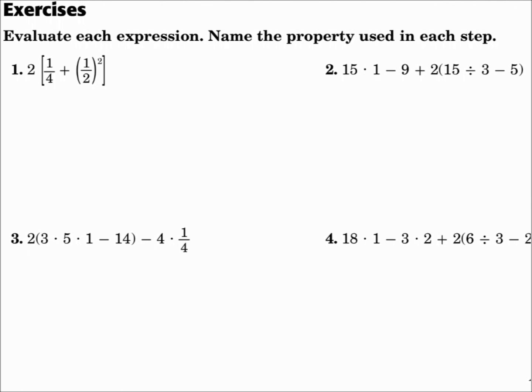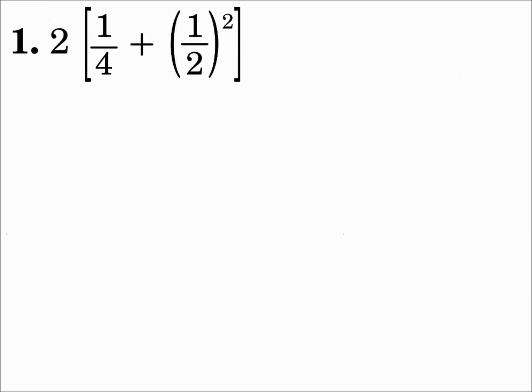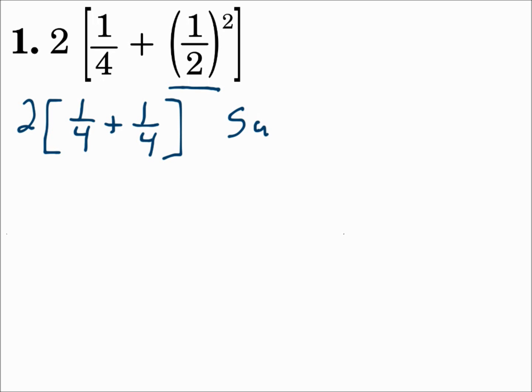Evaluate each expression. Name the property used in each step. For number 1, start with parentheses. Within the parentheses, you have addition and an exponent. Do the exponent first. 1/2 squared is 1/4. And that's substitution.